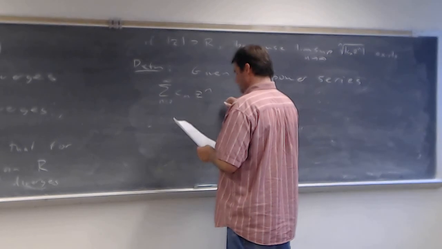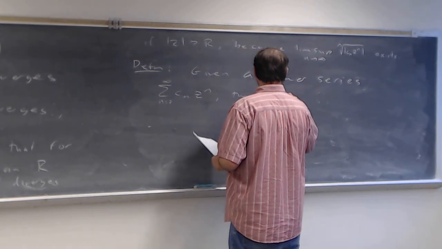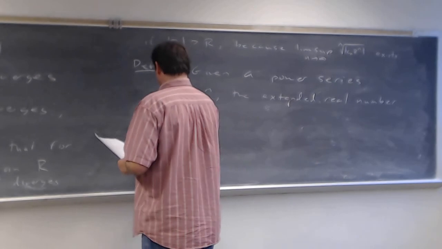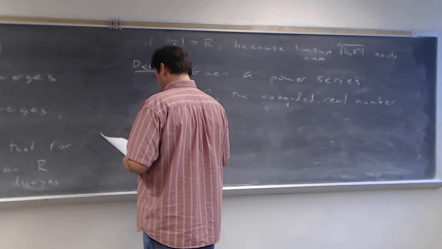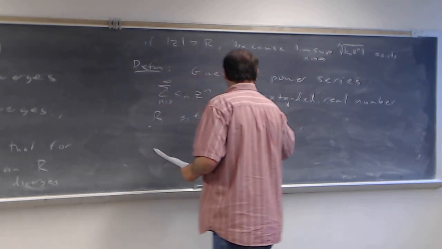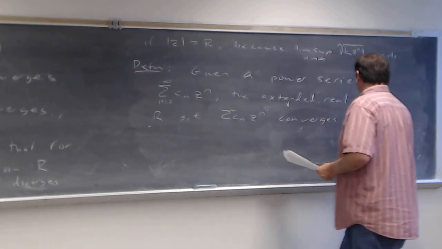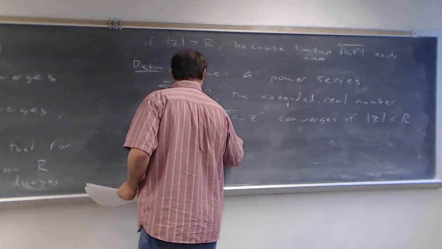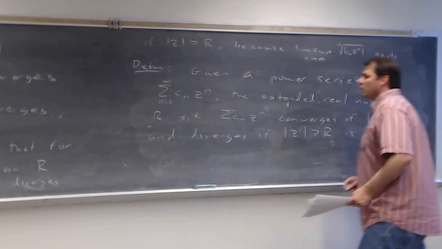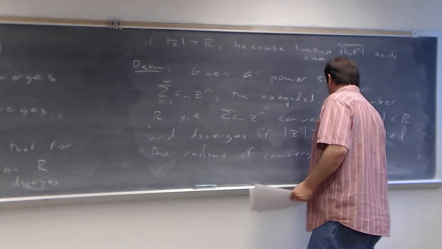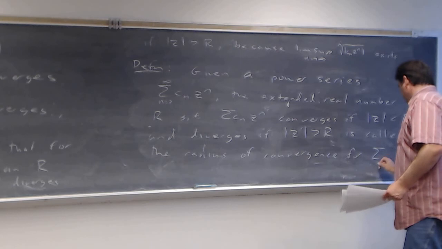The extended real number R such that this series converges if the norm of z is less than R, and diverges if the norm of z is bigger than R, is called the radius of convergence for this power series.